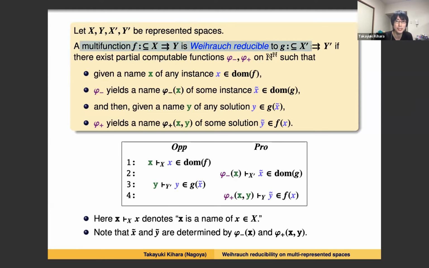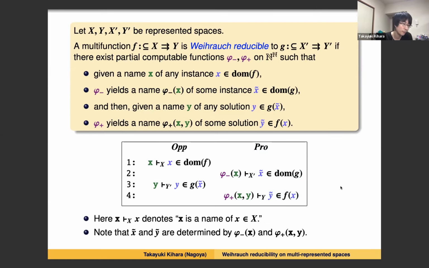So f is Weihrauch reducible to G means that there are partial computable functions phi minus and phi plus on Baire space such that, given a name green x of an input blue x of f, the inner reduction phi minus gives a name of some input of G. So phi minus is the name of some x tilde in the domain of G. Then given a name green y of a solution blue y of G(x tilde), the outer reduction phi plus of x and y is a name of some solution y tilde of f(x).